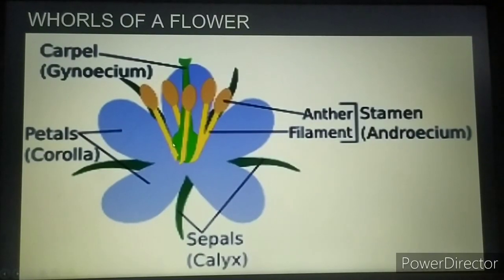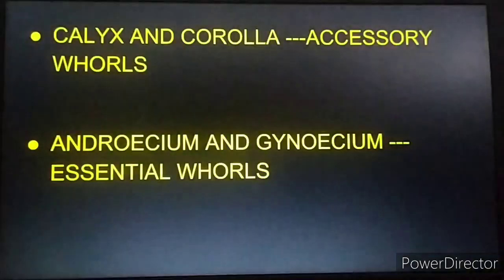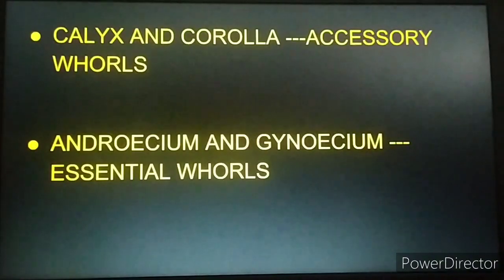Now, let me tell you something more about the four whorls of a flower. The calyx and corolla are called accessory whorls. Why are they called accessory whorls? There is a reason.